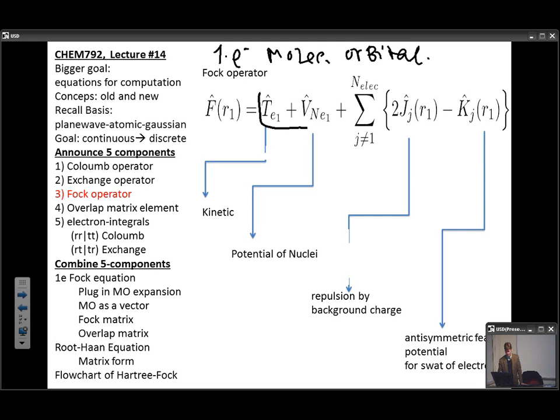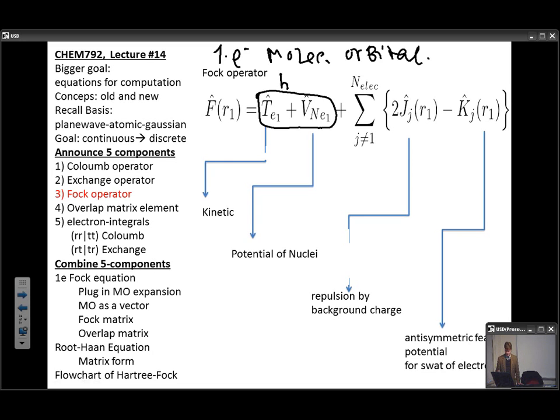And since it does affect a one-electron molecular orbital, it contains trivial terms: the kinetic energy of the electron and the potential energy of interaction of this single electron with ions, the nuclei, to this electron 1.